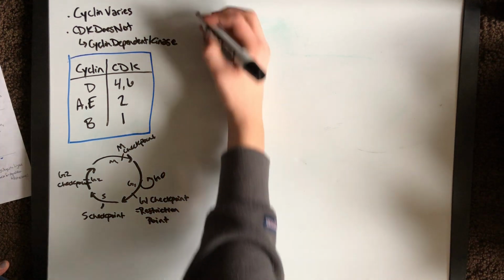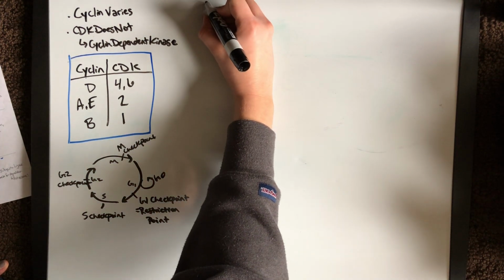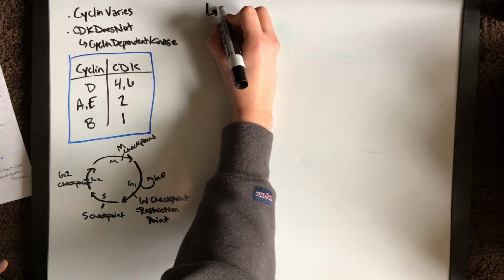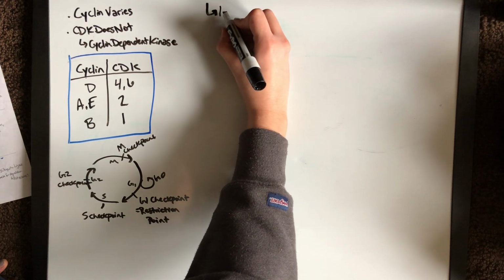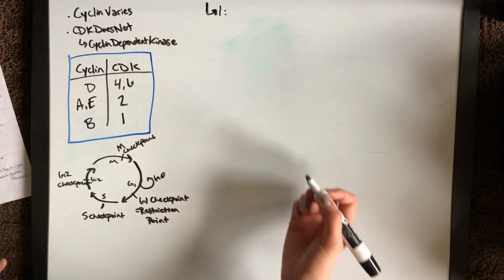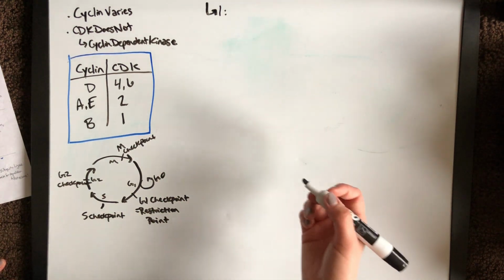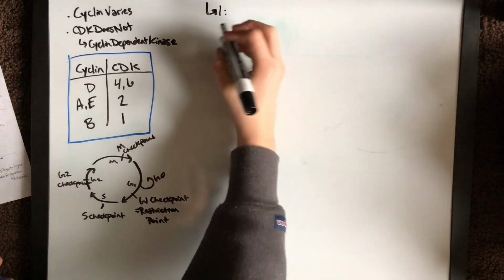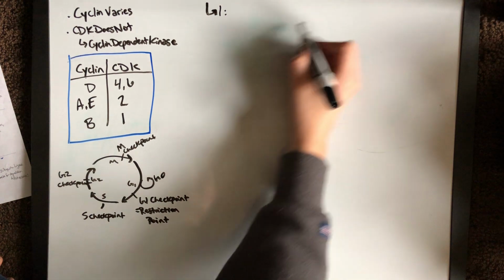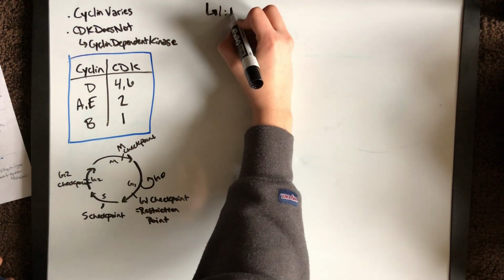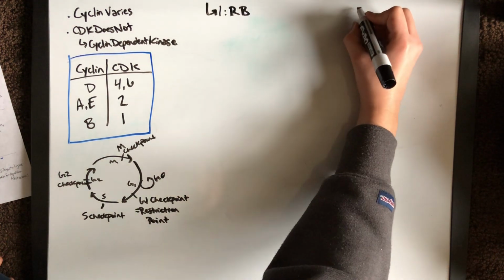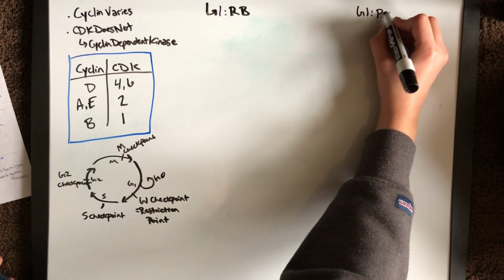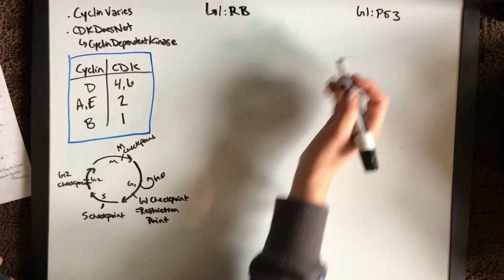So our G1. So with G1, we've got our RB and P53 tumor suppressor proteins, so we'll do each one separately. So we'll do G1 RB over there and G1 P53, and they're both tumor suppressor proteins.